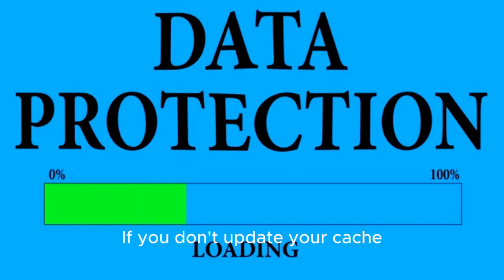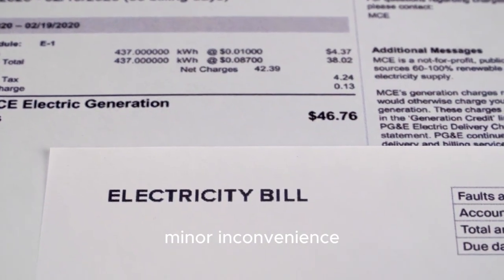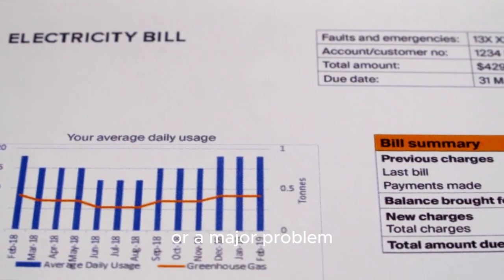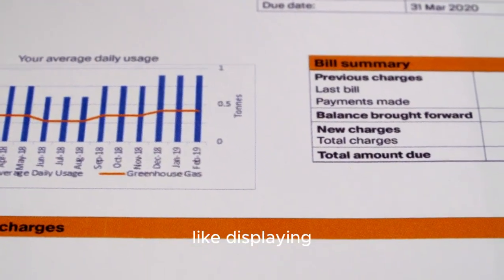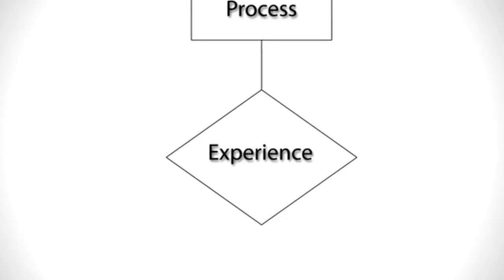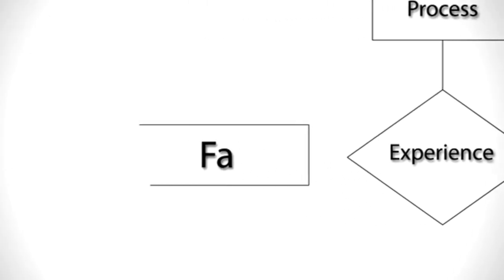If you don't update your cache, you'll be serving stale, outdated information to your users. This could be a minor inconvenience, like showing an old profile picture, or a major problem like displaying the wrong price for a product. There are several strategies for dealing with this.